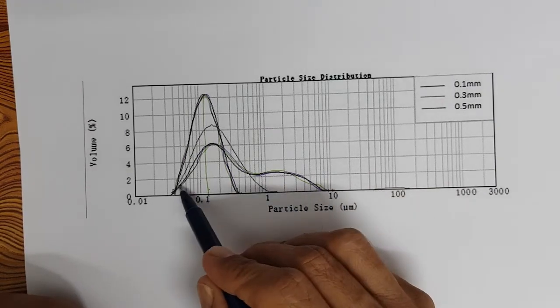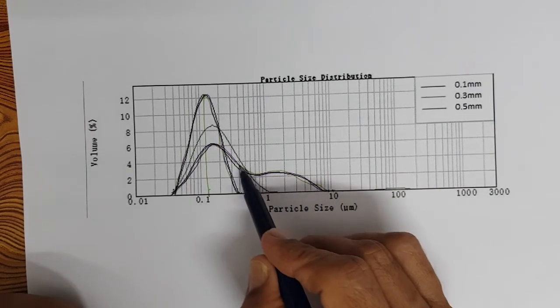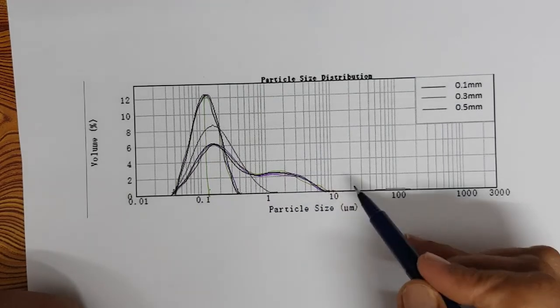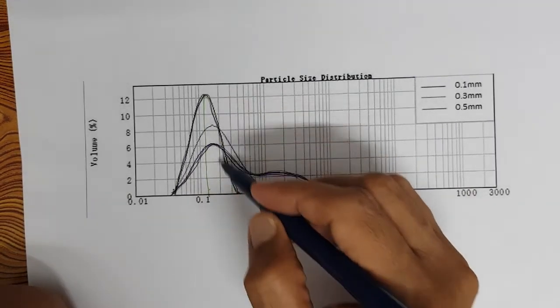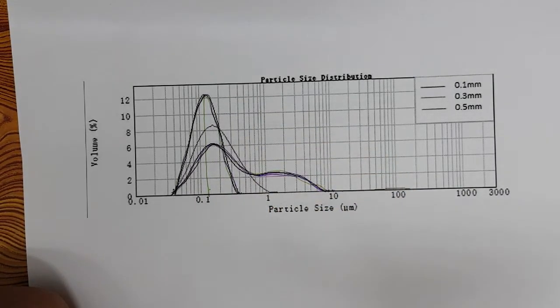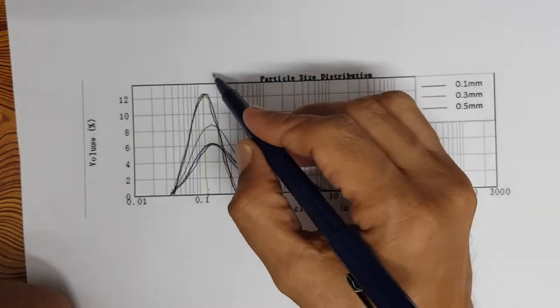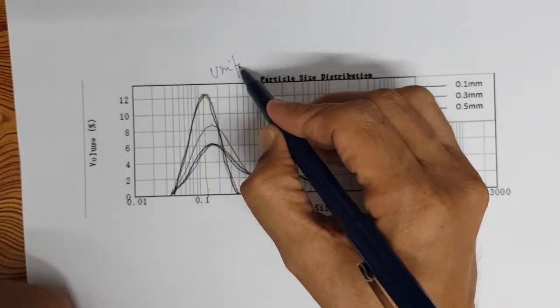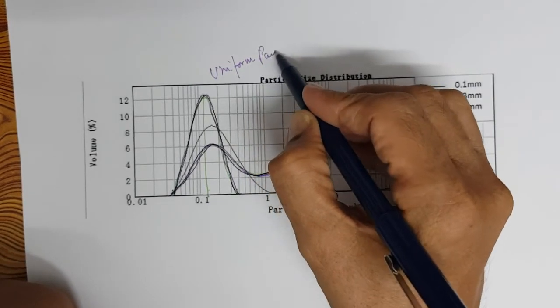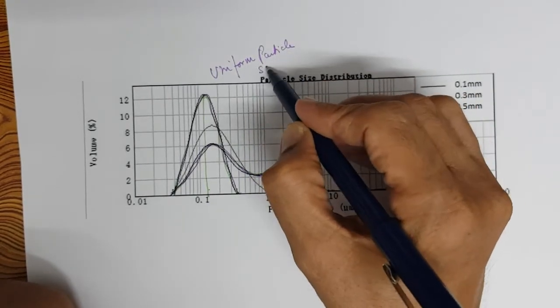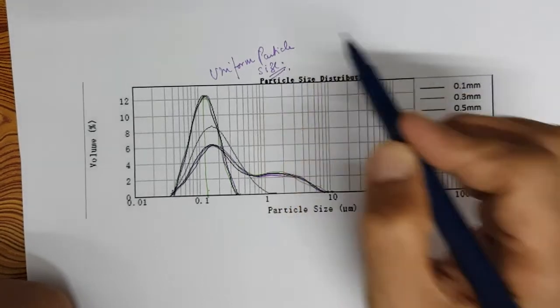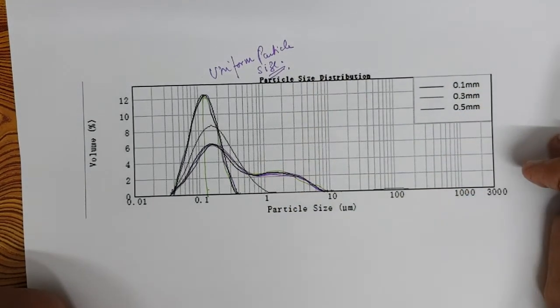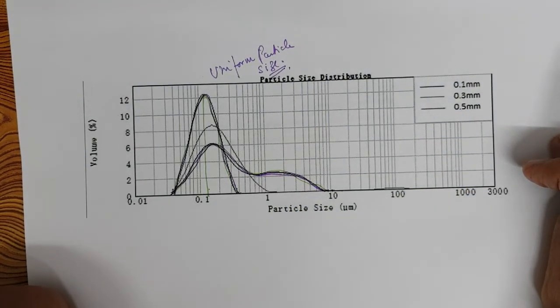But for an emulsion system, a distribution like this is not acceptable. It has to be like this, where the particle sizes are uniform. We require uniform particle size as far as possible, right? The particle size distribution.